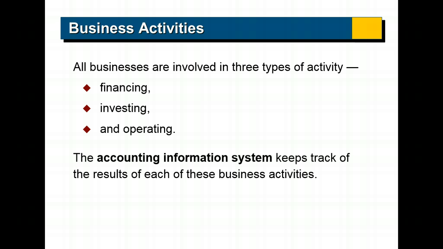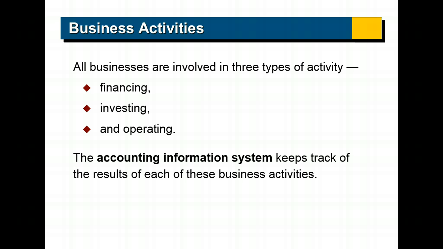If we're dealing with an auto repair shop, financing may be securing ways of banking, lines of credit in order to expand. Investing may be expanding or adding additions onto their building, or building another building, another location, or it could be investing in equipment.